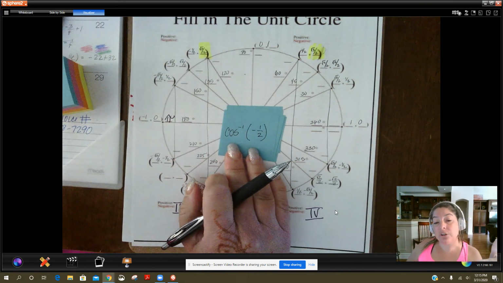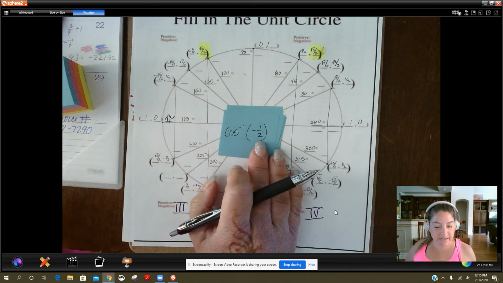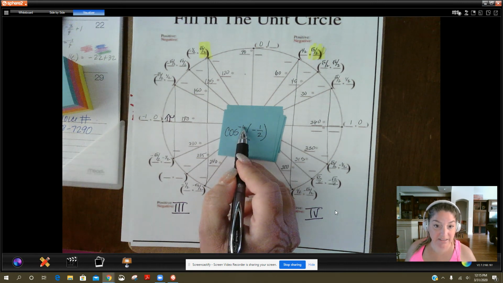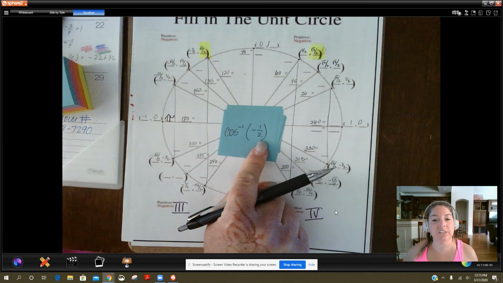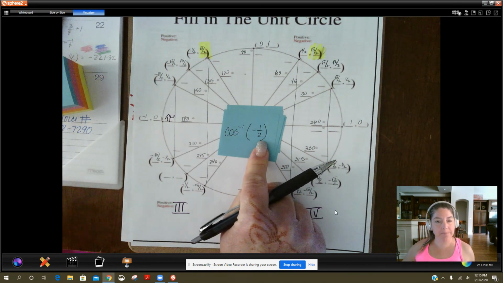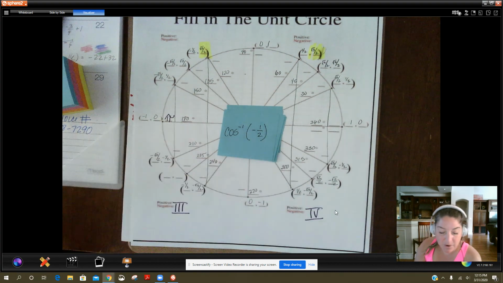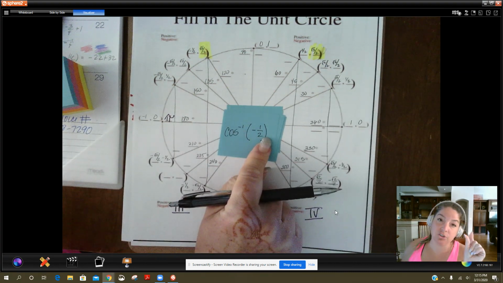So it could look like this, the cosine with this little -1 symbol, and then it says -1/2. This just means you're doing the opposite, the inverse. So when is the cosine -1/2, okay? So here's why I showed you the whole short side, long side thing. If I want my x value to be -1/2, then I want it to be the short side.